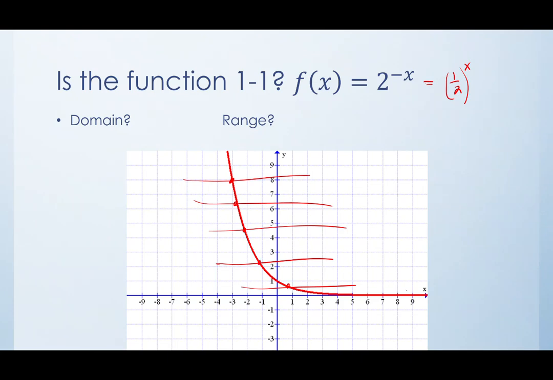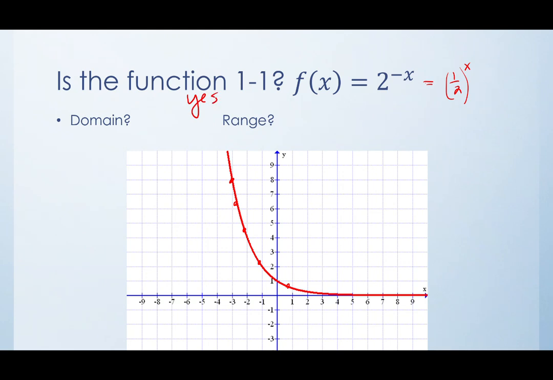Now it does get really, really flat over here, but this is what we'll talk about in more detail later: a horizontal asymptote, where the graph keeps getting closer and closer and closer to zero, but doesn't actually ever go horizontal. So this function is one-to-one.